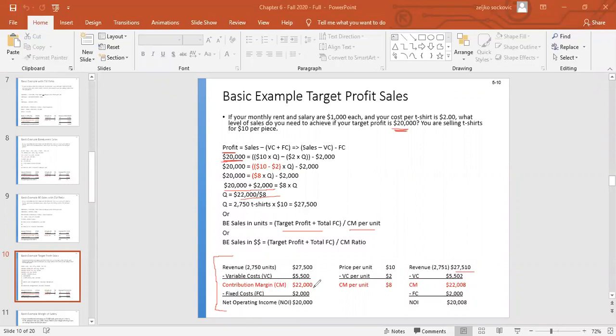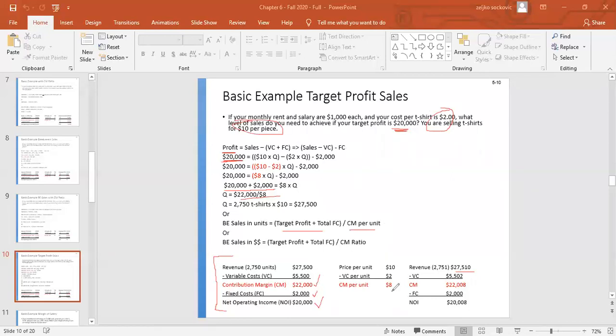If you're using this format here, then it's even easier, right? You say $10 times, well, question mark, and then $20,000 in profit, fixed cost of 2,000, so that we have contribution margin of 22,000. Again, you would have to be given additional information, some ratios or contribution margin per unit, which here you know, for example, 10 minus 2 is 8.